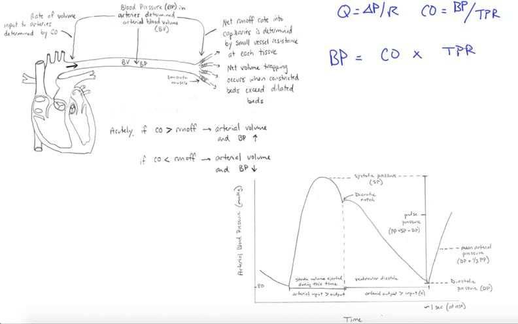And remember, total peripheral resistance is just the resistance of all blood vessels, which again is really hard to compute. Usually you plug in everything else and solve for that. You can't really calculate it on its own. But again, we can regulate either cardiac output and or total peripheral resistance to alter blood pressure.